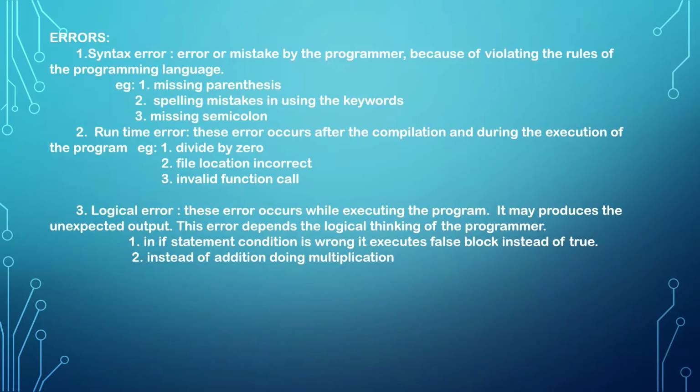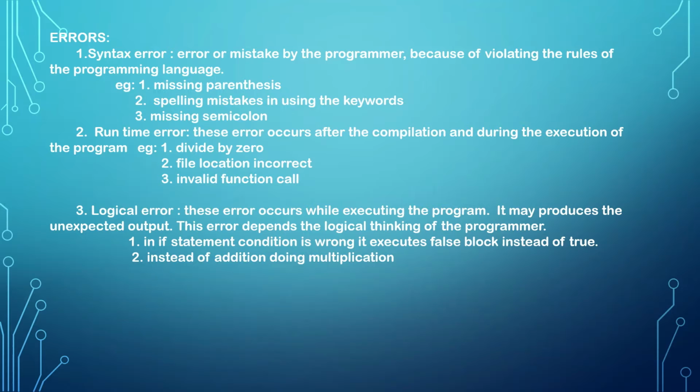Now the next is logical error. This type of error will not be known during compilation or during runtime. It produces a result, but it is not the desired result. The output will be unexpected.